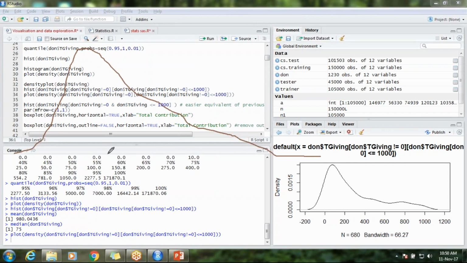So the median would be a good estimate here as well. So this was left skewed.